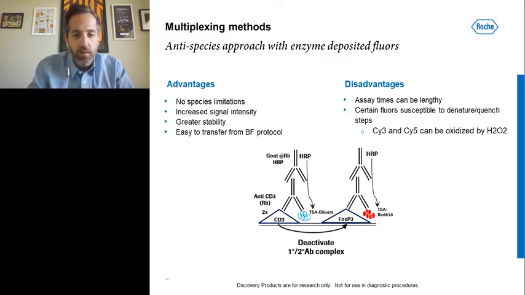Downsides here can be that the assays do take a little bit longer, and if you are using certain fluors, they can be bleached, or they can be susceptible to any denaturing or quench steps. And this can happen by H2O2, which is quite commonly used within these types of assays.